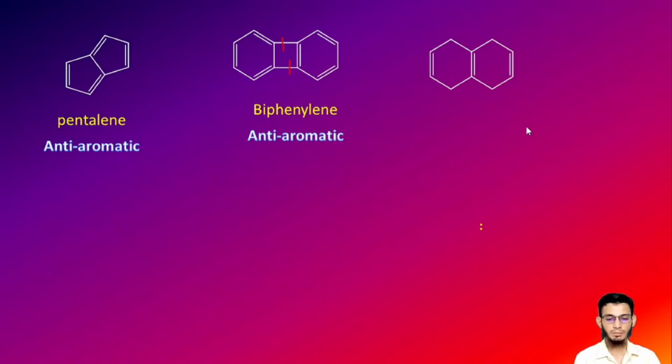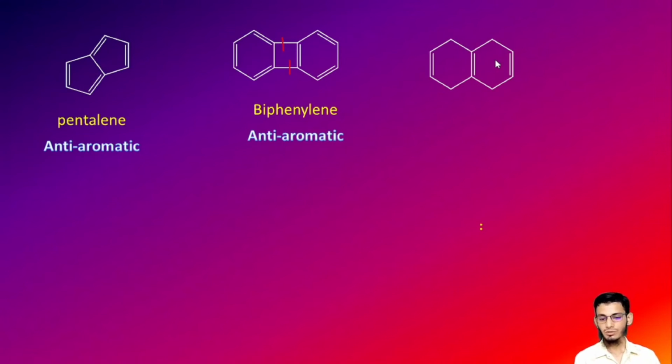Here you can see another example. I am not showing the name of it. It is cyclic. It does not have conjugation because all the pi bonds are not separated by one sigma bond. You can see one pi bond and another pi bond here are separated by two sigma bonds, so no conjugation. Third rule, 4n plus 2 pi electrons, yes or no? 2 and 2, 6 pi electrons.